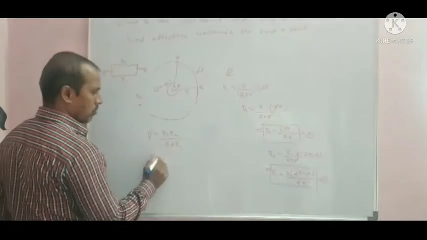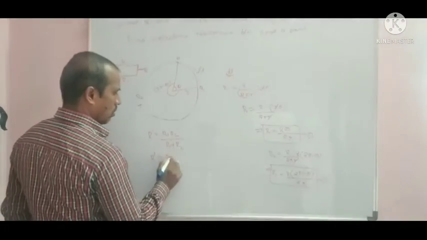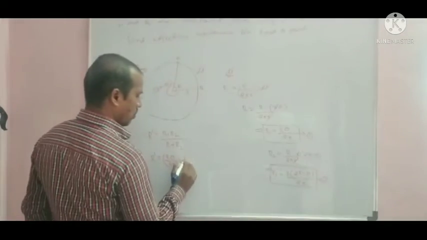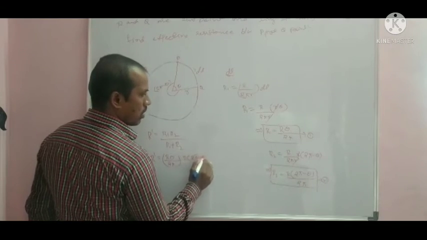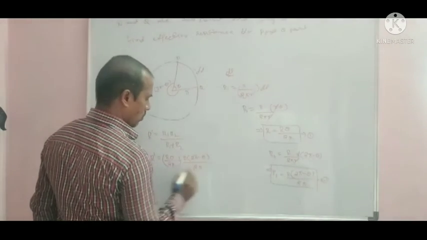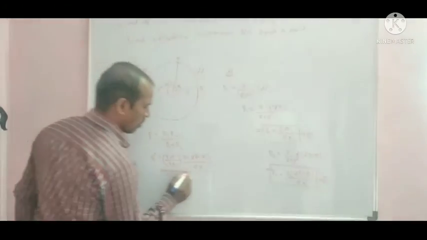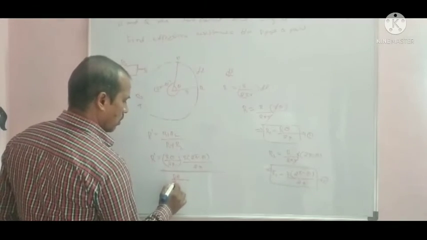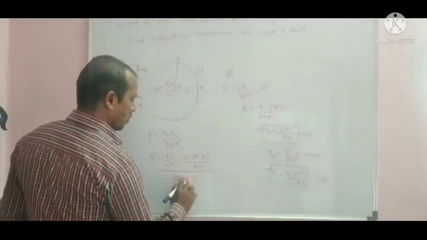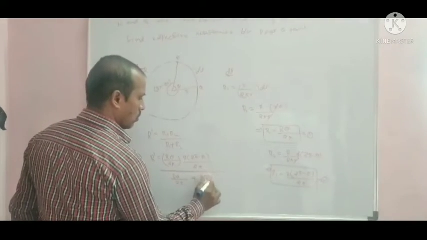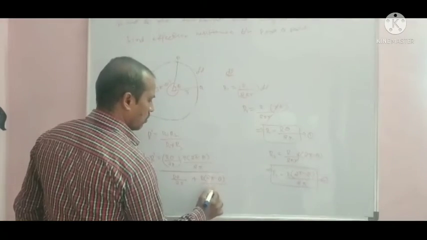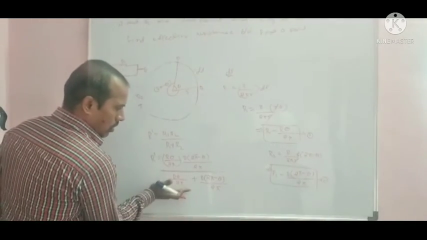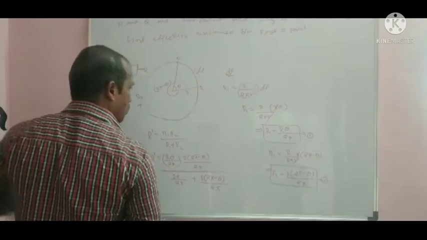So R prime is equal to R1, r theta by 2 pi, into R2, r into 2 pi minus theta by 2 pi, divided by r theta by 2 pi plus r into 2 pi minus theta by 2 pi. Here the denominator is the same, 2 pi and 2 pi, so it simplifies.